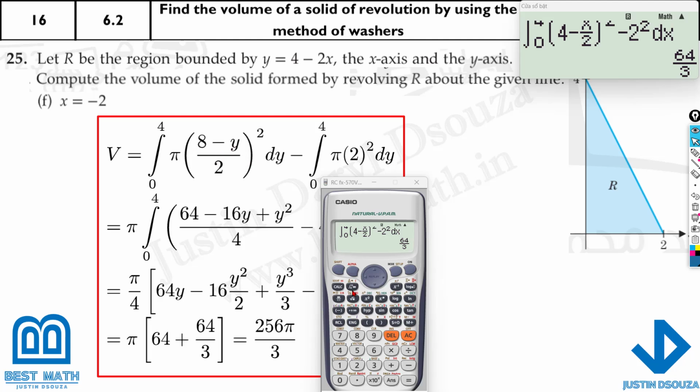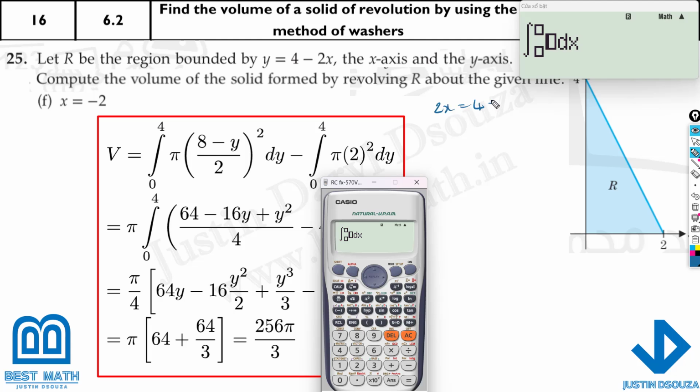Is it correct? Let us do the integral and check this. So they have written 8 minus y. The reason being, they've rewritten this as 2x is equal to 4 minus y, and then x is equal to 4 minus y by 2.